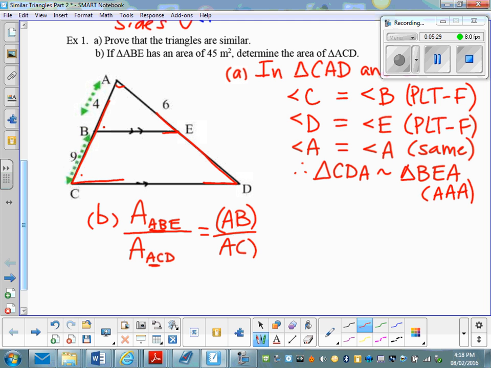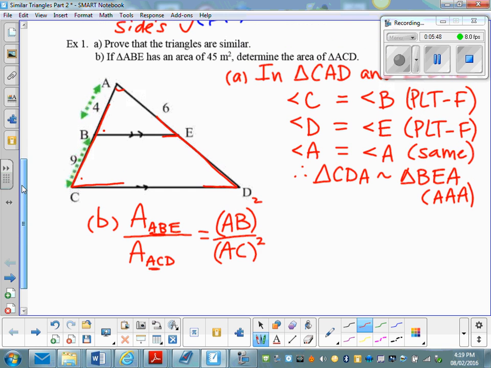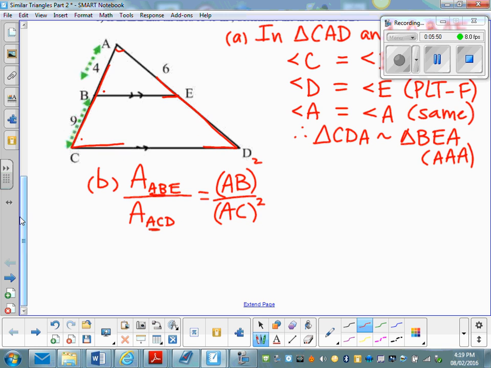I know AB is 4. I know AC is going to be 9 and 4 altogether. So you really need to look at your triangles to see what information you have. And don't forget that those are squared. So if I plug in what I know here, they gave me the area of ABE was 45.